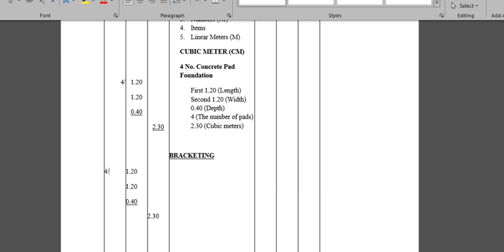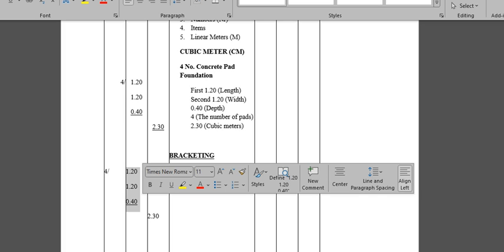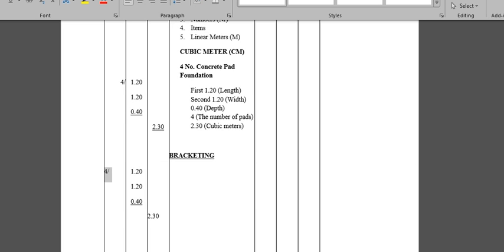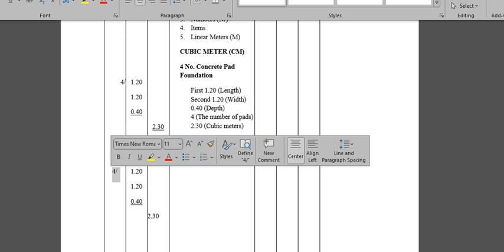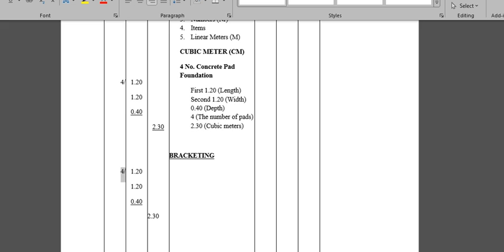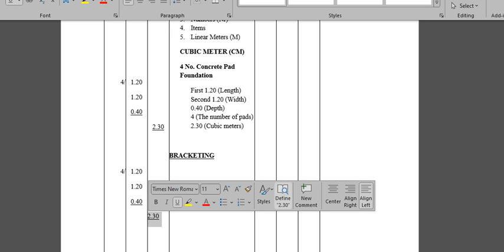The reason that underlining it is important is because it defines that you are using all those 3 dimensions at once, so that they lead you to what we call the cubic meters for the item that you are measuring in that order. So that is quite important to note. Then of course this is the timesing that we have, and that is how to express that, and the 2.3 cubic meters that we also have here.